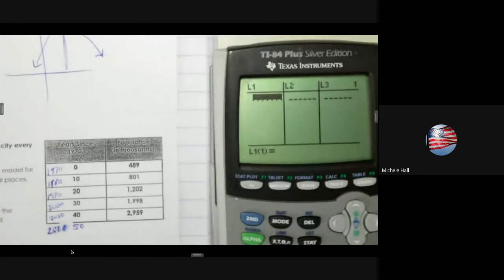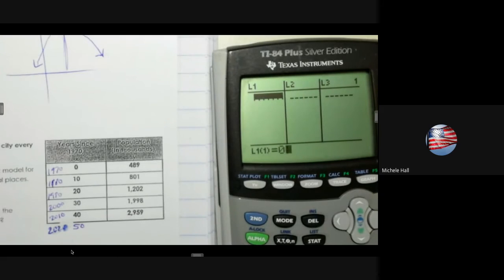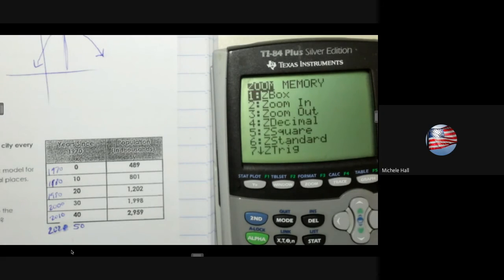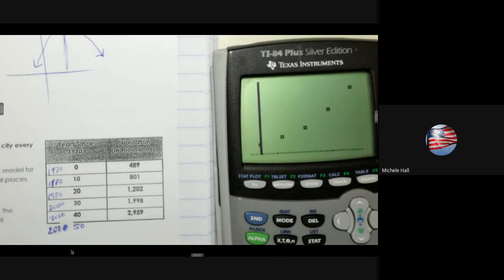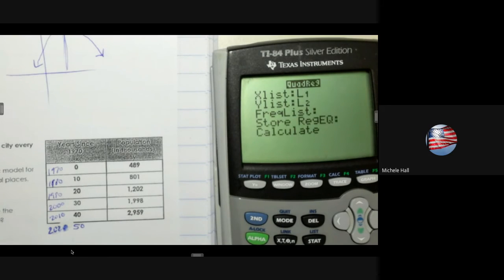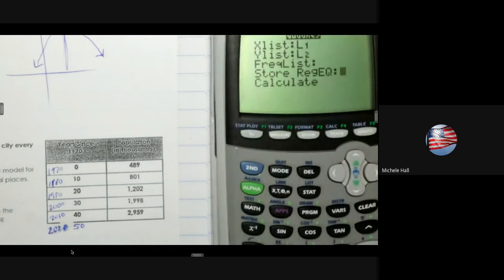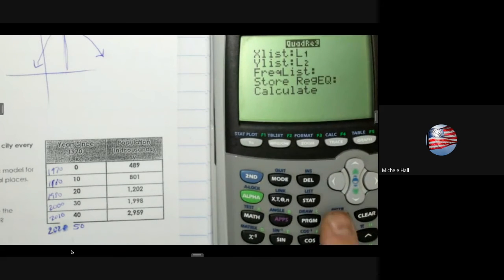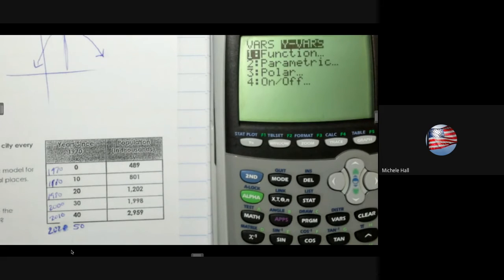All right, we're going to enter our data in. Zoom 9 for Zoom stat. We are going to get an equation, stat, calculate, quadratic regression number 5, list 1, list 2. We're going to store that variable, vars, y variable, function, and y1.